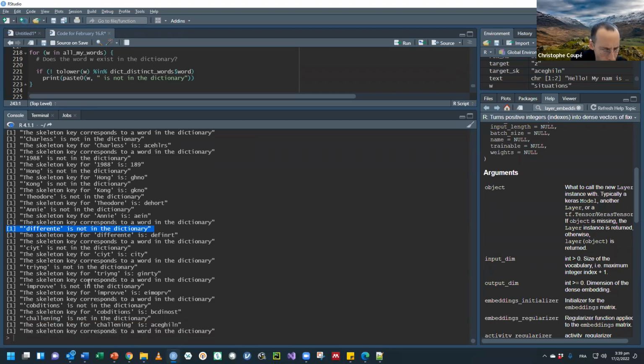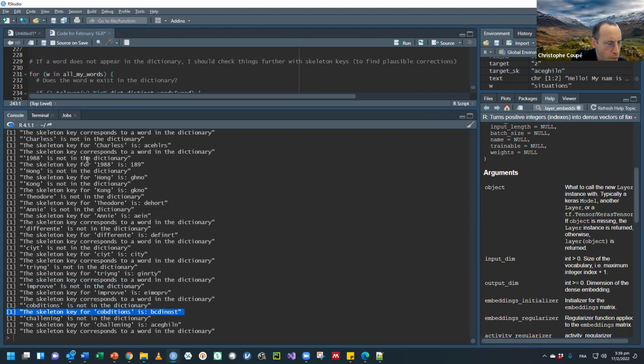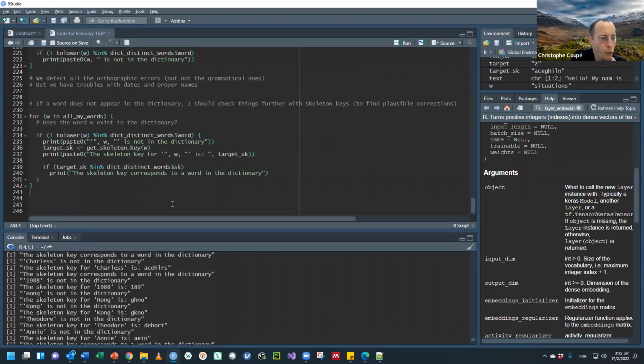So I think most skeleton keys we have here appear in the dictionary. Yeah, so basically for nearly everything, we have the skeleton key. So now what remains to do is to propose some plausible corrections.